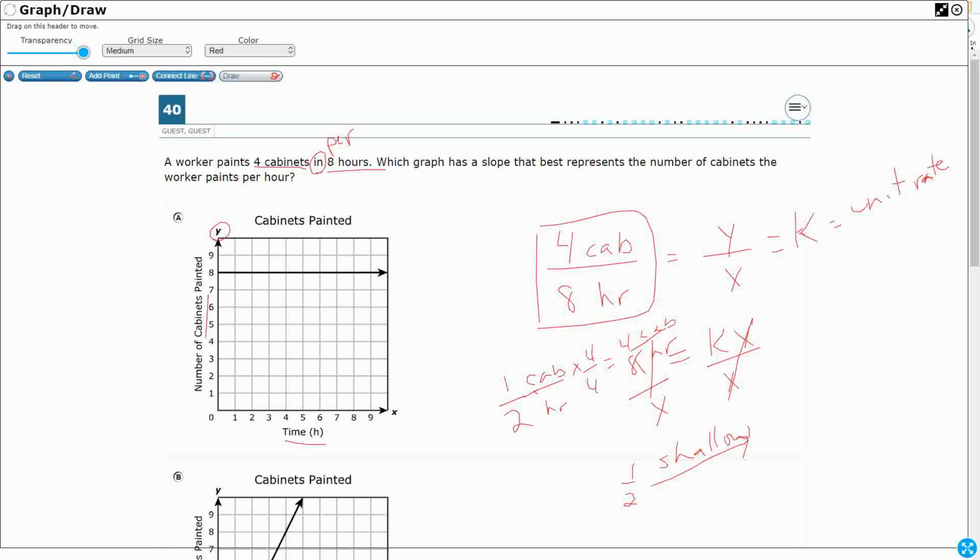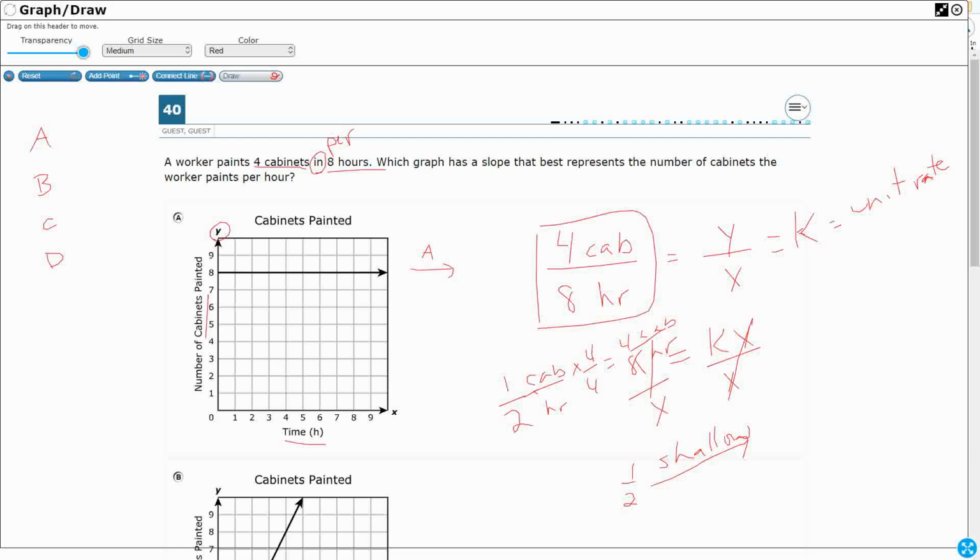All right, so let's see if we can eliminate any of these without even calculating the actual x and y coordinates. We might be able to get rid of some of our answers. Like, take a look at A and write these over here, so we're not messing up our graphs. Take a look at A. A is a straight line. It just goes straight over. And so it's not increasing, right?